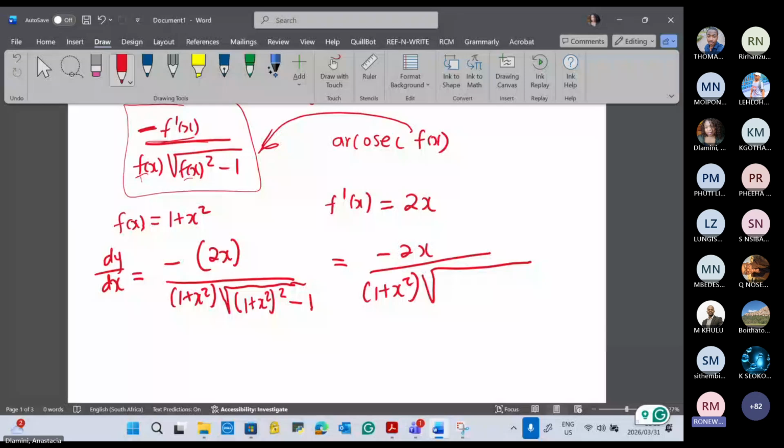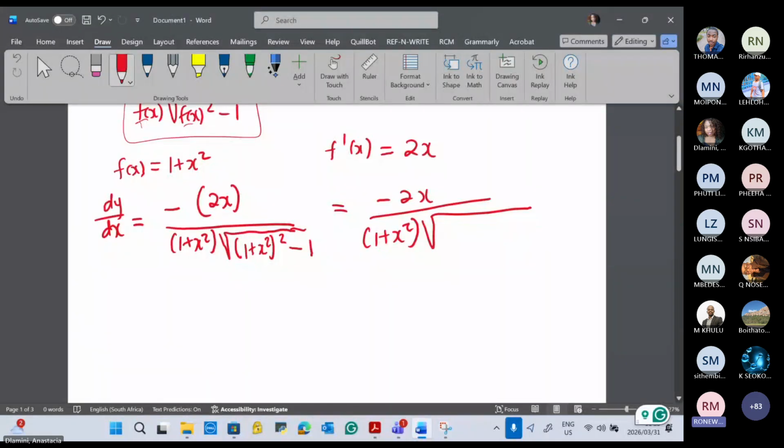Okay, so we're going to open 2 squared, 2 of them, and then after that we're going to do factorization, which will yield 1 plus x squared minus 1, and then the ones are going to cancel each other, where we will be left with x to the power of 4 plus 2x squared.